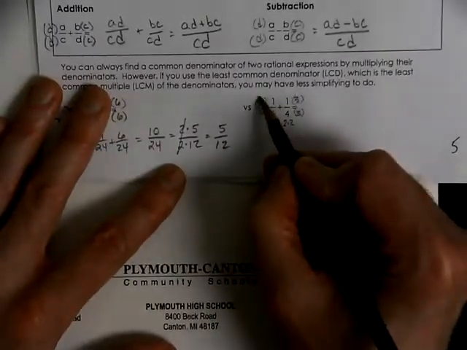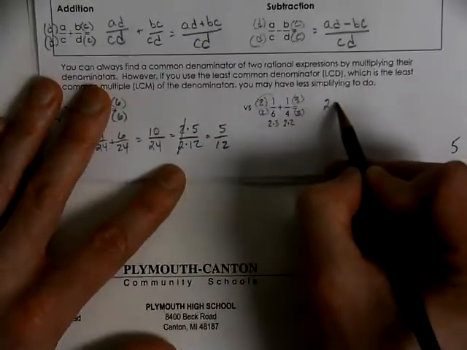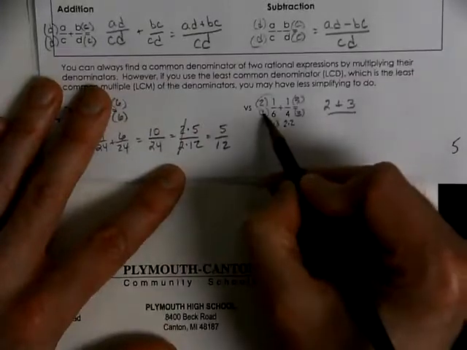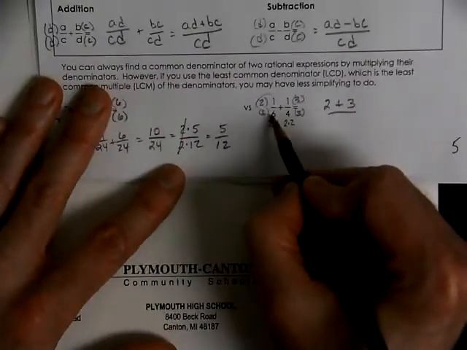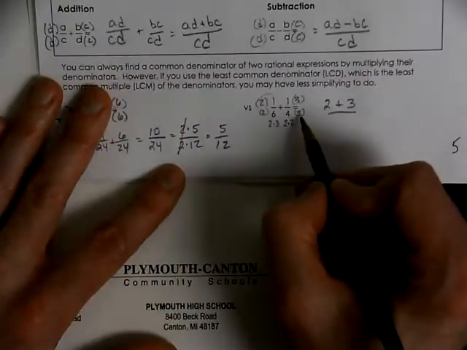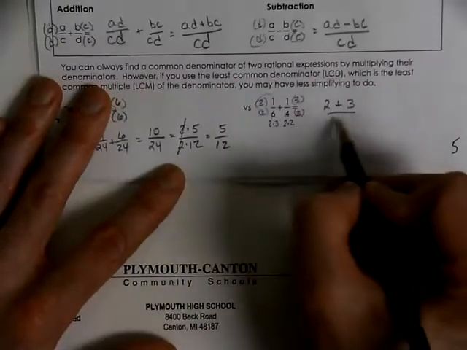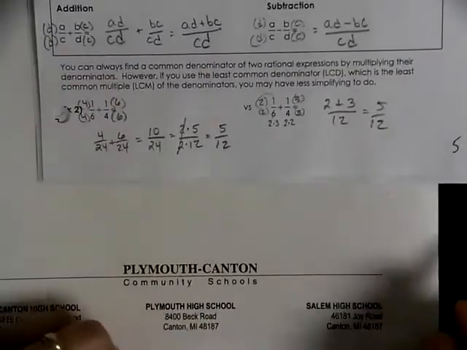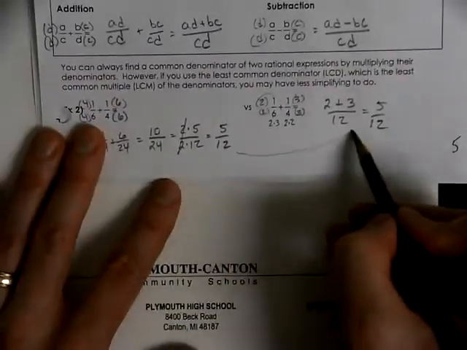So what that gives us is 2 times 1 and 3 times 1 over my common denominator of 2 times 6, which is the same thing as 3 times 4, which is 5/12. So you notice that we got the same answer.